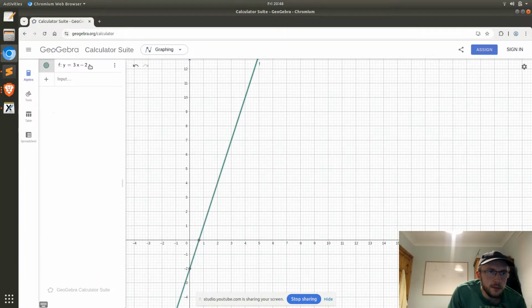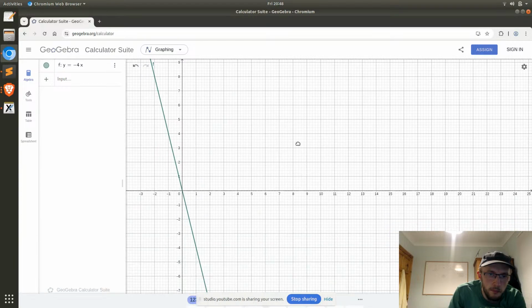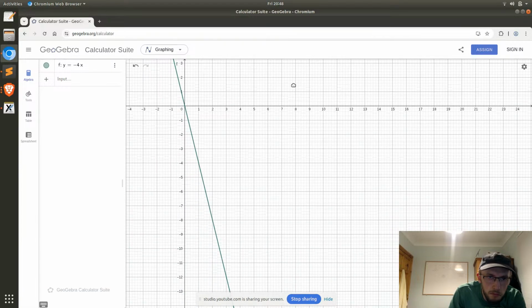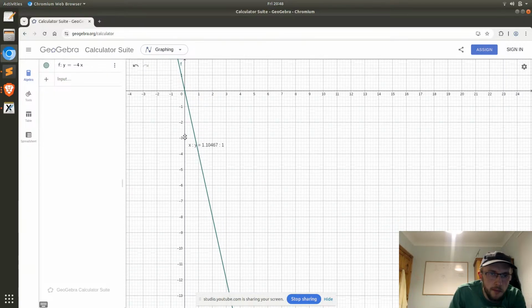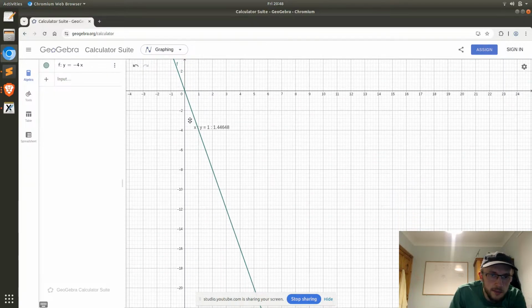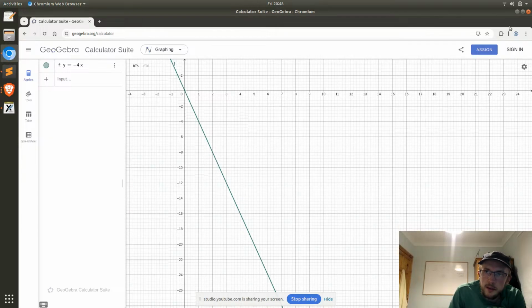0 to 5 of the function y equals negative 4x. Now there was something, wasn't there? Oh yes, look at that. Okay, that's nice. All right.